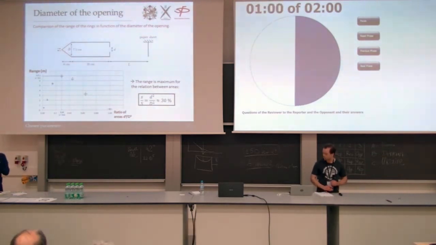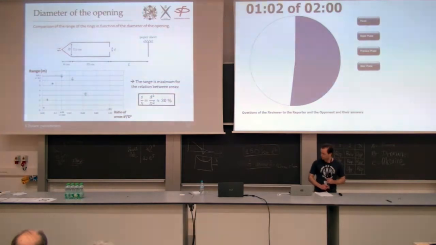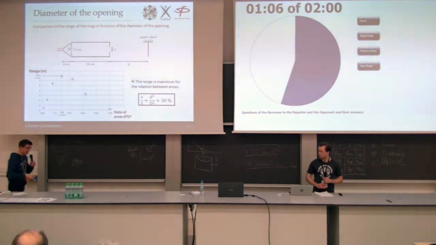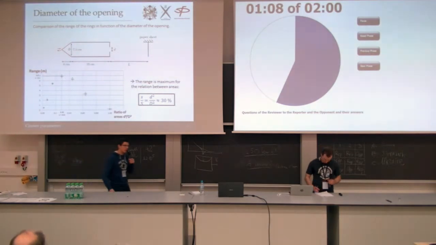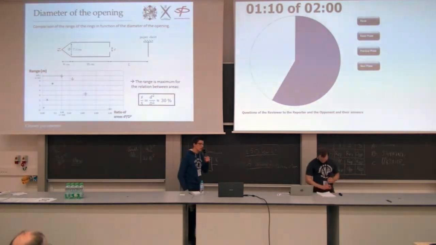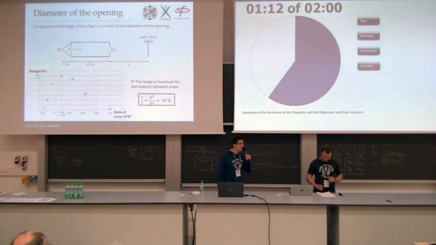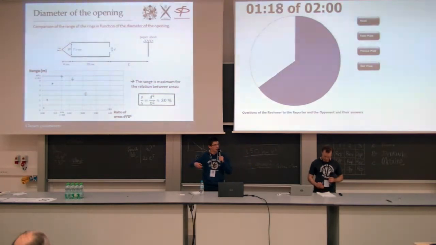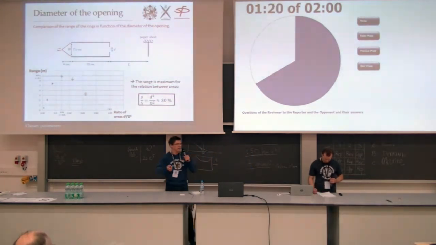I do it again. If my sheet of paper is still moving, I go backward. If it is not moving, I go forward, and I do like that. So the sheet of paper is moving between the bucket, yes? Yeah, I do it several times to determine the range precisely.